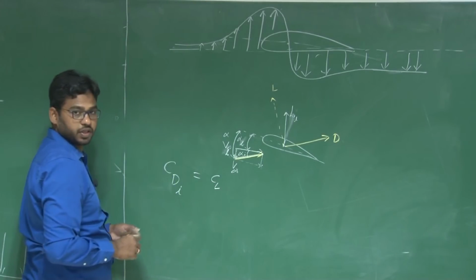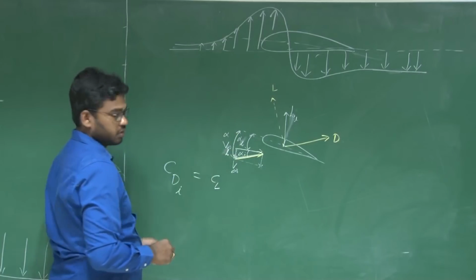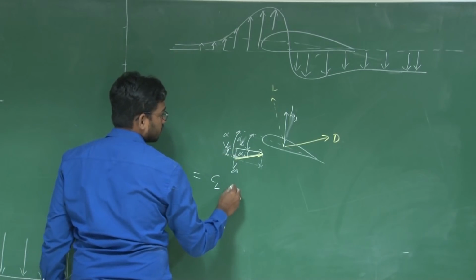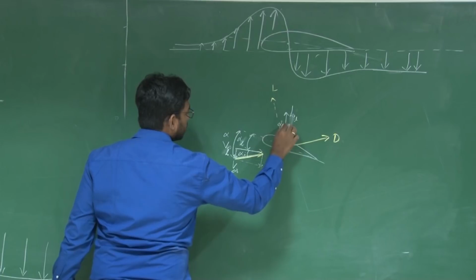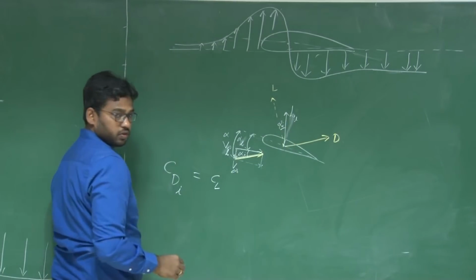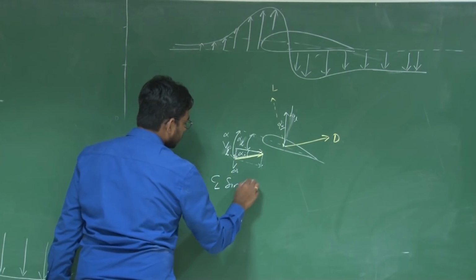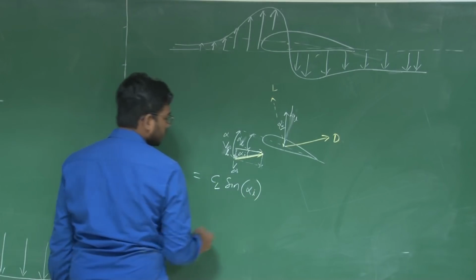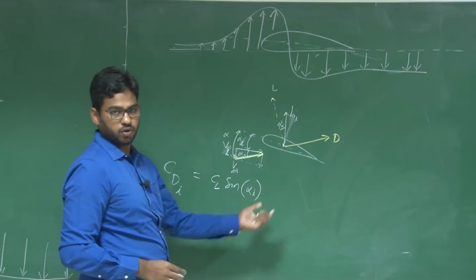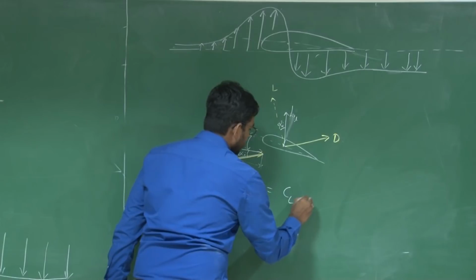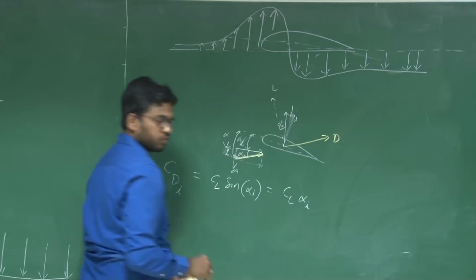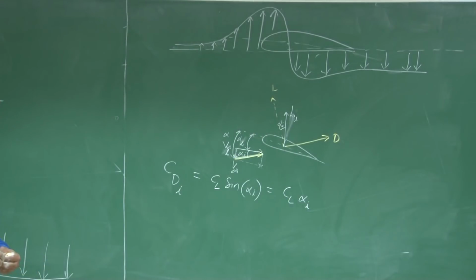CL, the coefficient of lift at that location, into, so this is your alpha I, right, this into sine of alpha I. Since these induced angles will be very small, what you can assume is CL into alpha I, the induced angle of attack.